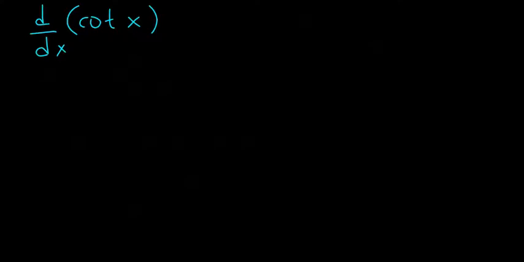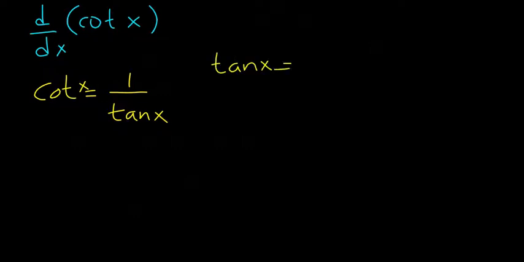We are going to learn how to find the derivative of the cotangent of x. Now in the video where we were learning about the integration of the cotangent of x, we said that the cotangent of x is the reciprocal of the tangent of x. We know that tangent of x is equal to sine x divided by cos x.